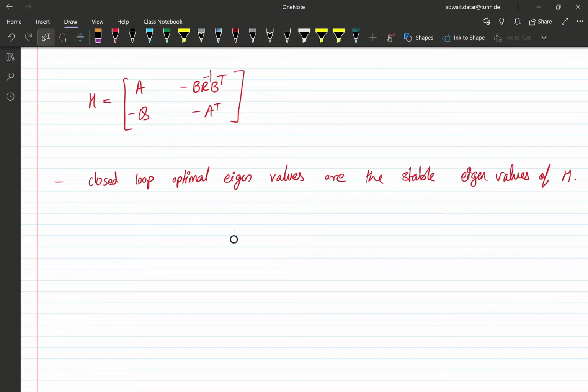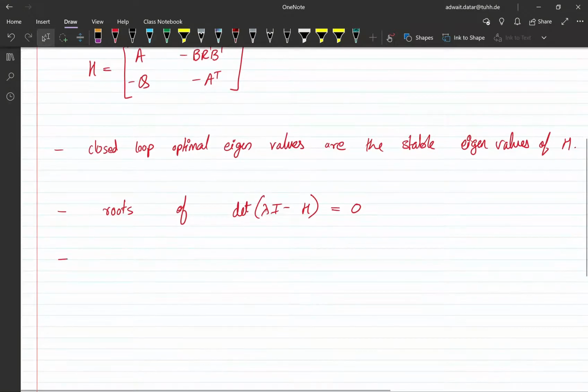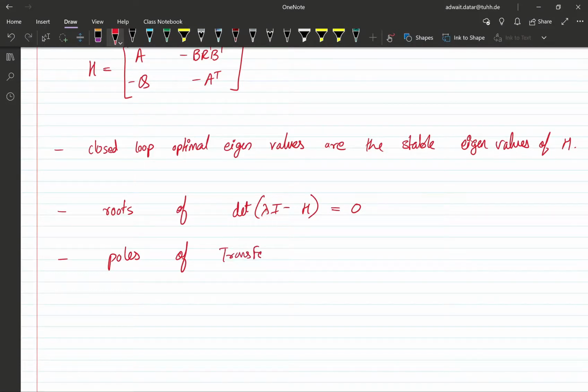So now we need to find the eigenvalues of the Hamiltonian. We can do that by solving the characteristic polynomial given here. Note that this is the same as the poles of the transfer function (sI minus H) inverse.